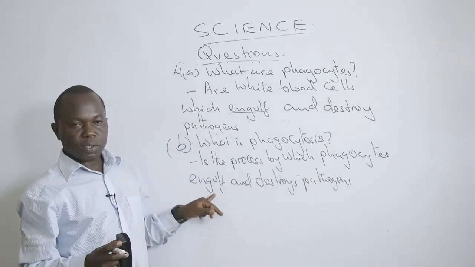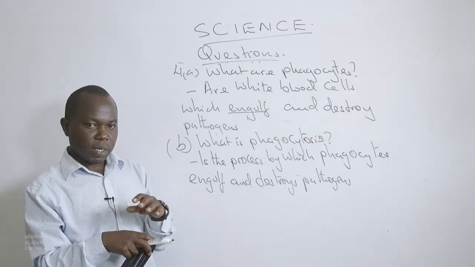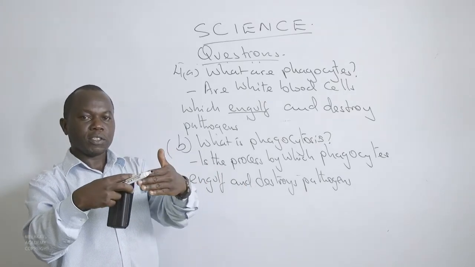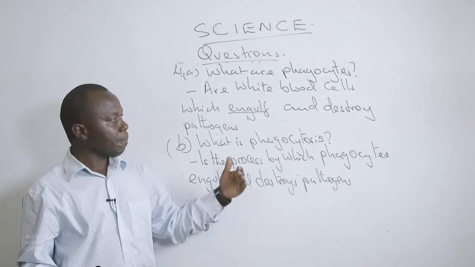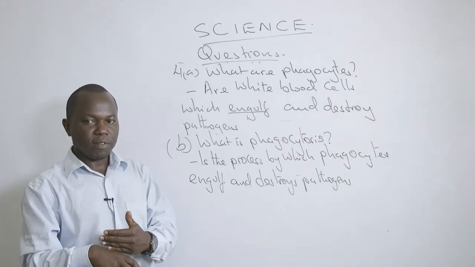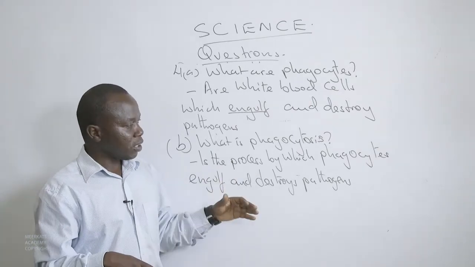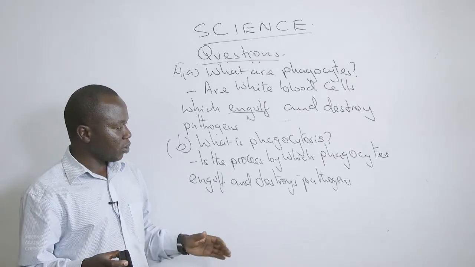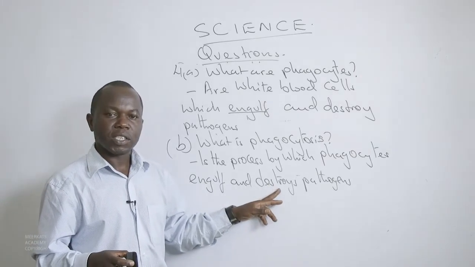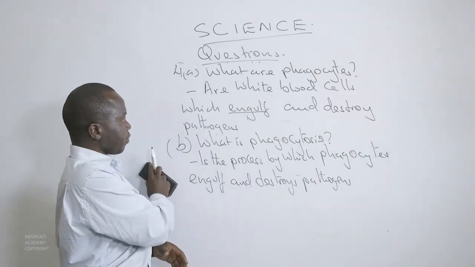We have already gone through the process of engulfing and destruction, how that happens through extension of the cell membrane of the phagocytes, forming a food vacuole around the pathogen or that foreign material, and in the process, release of enzymes which destroys the pathogen.